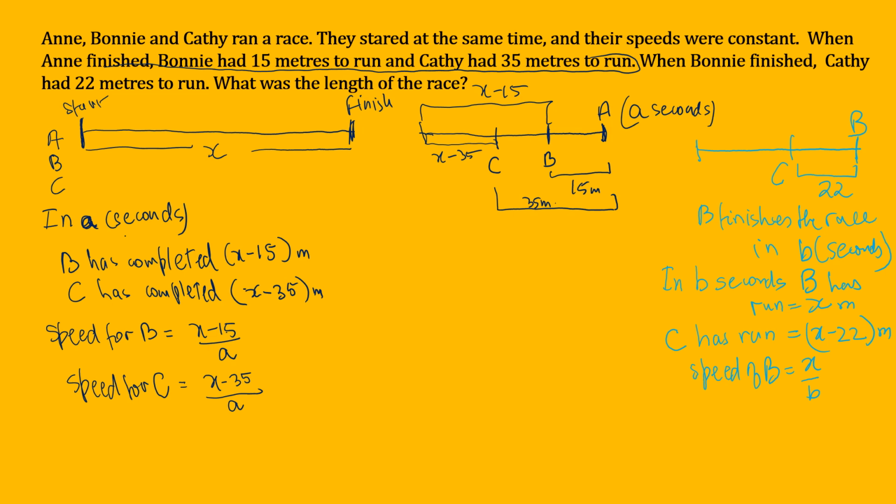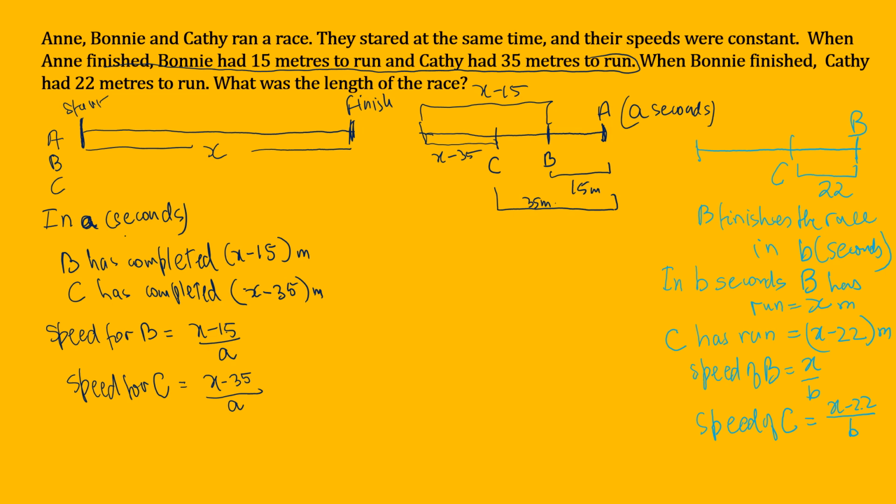And the speed of C would be x minus 22 divided by B. That's how far C has been able to run in B seconds.